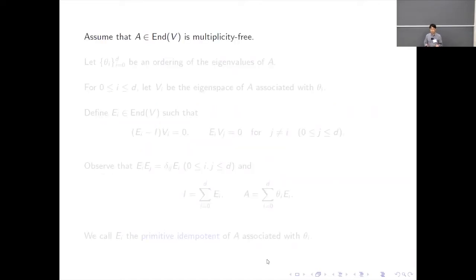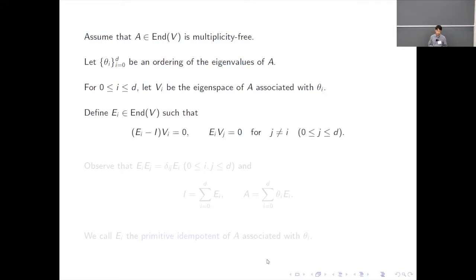So let's say A is multiplicity free in End(V), and let theta_i be an ordering of the eigenvalues of A. Now we denote by V_i the eigenspace of A corresponding to theta_i. We define a linear map, E_i, satisfying these equations you see there: (E_i - I)V_i is 0, and E_i V_j is 0 for j differing from i.